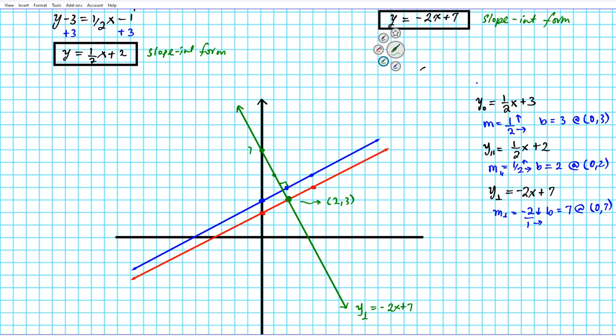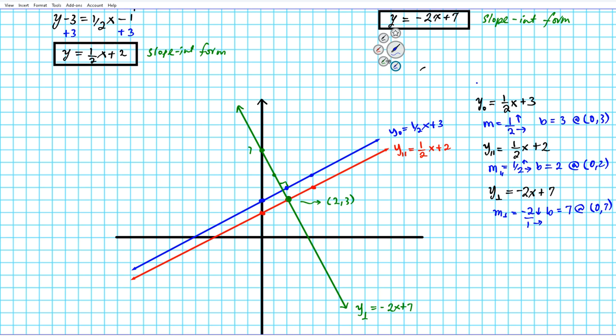And this is y parallel. Y parallel is 1/2 x plus 2, and this is the original line, y sub 0, the original line that we started from. Y sub 0 is equal to 1/2 x plus 3.